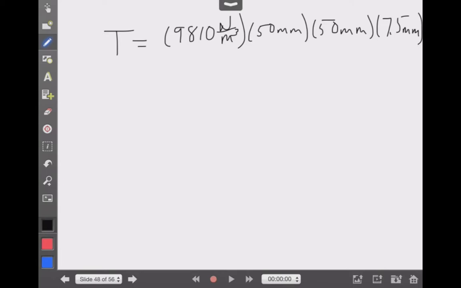Again, that's just the submerged portion, and we're going to multiply that times a conversion factor to get the millimeters into meters. This turns out to be 1 times 10 to the minus 9 meter cubed over 1 millimeter cubed.